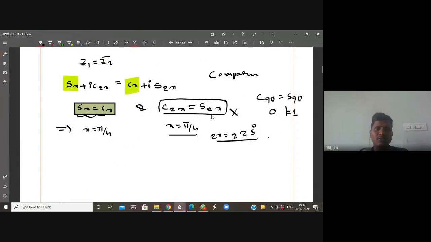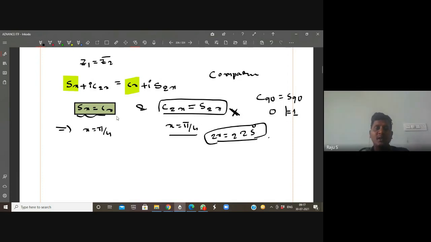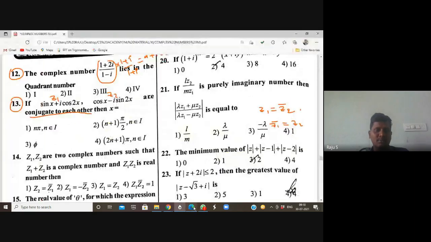Sir, if x is equal to 22.5, then cos 45 equals sin 45, satisfying the second condition. If you take any x value, it should not satisfy both equations. Any value of x will satisfy only one of them. 225 satisfies the second condition but not the first condition. Pi by 4 satisfies the first condition but not the second condition, like that. Okay, the answer will be the empty set.